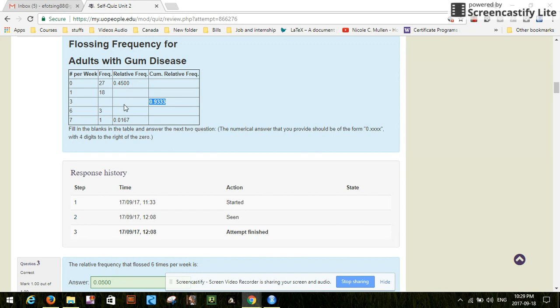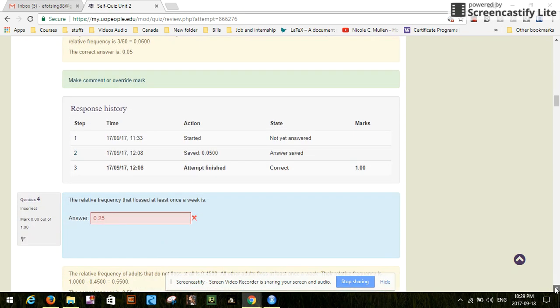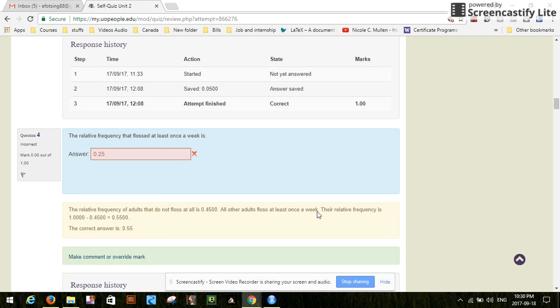So we just need to do 1, which is the sum of all the frequencies, minus this. If we knew these values, the column would sum to 1. So to get the sum of everything that remains when we floss at least once, we just need to do 1 minus 0.45. That's why you see the answer here is 1 minus 0.45, which is 0.55.